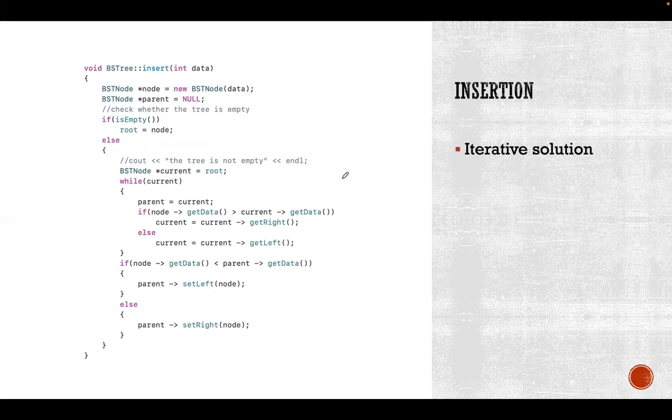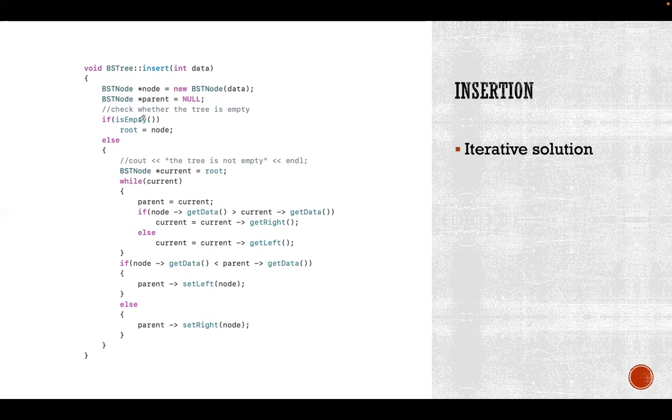Here you can see that we want to insert this data in this binary search tree. First, we create a binary search tree node using this data. Then we check whether the binary search tree is empty.